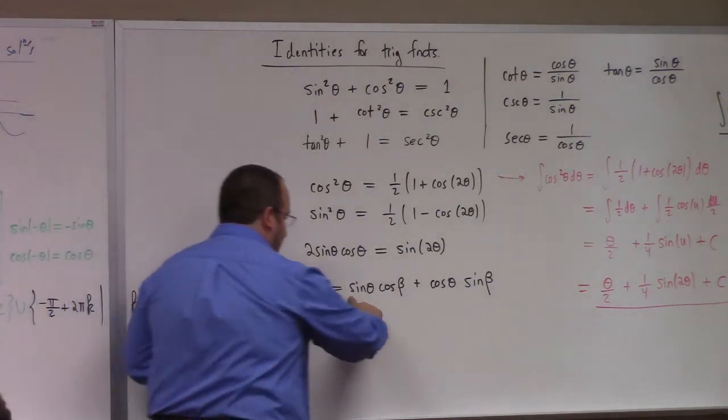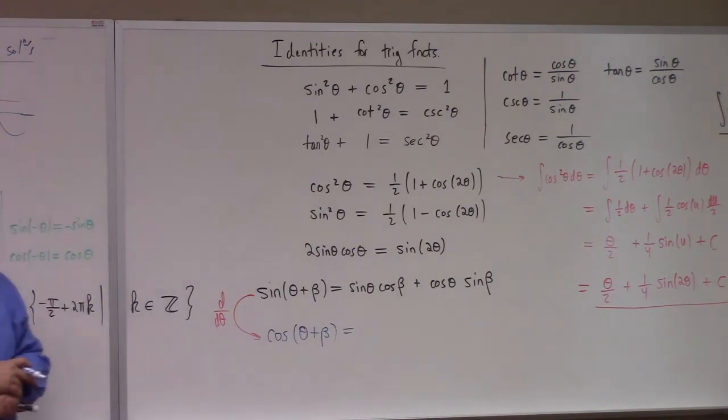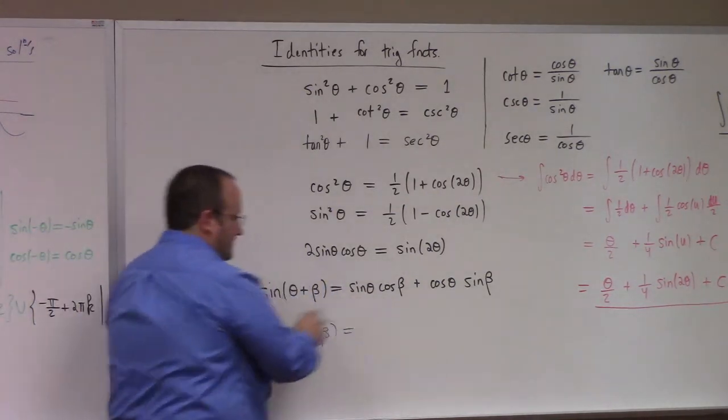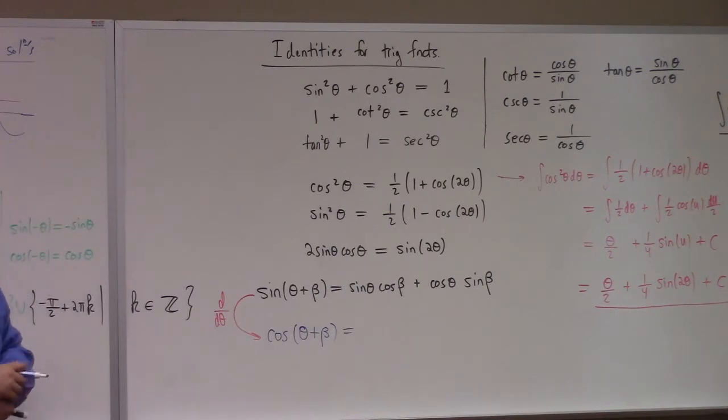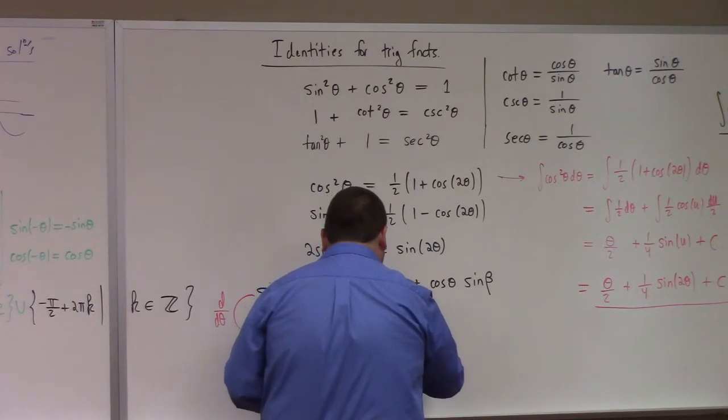What happens when I differentiate sine theta cosine beta with respect to theta? Keep differentiating. What do we get? You guys leave me hanging, aren't you? Cosine theta, cosine beta, yeah?